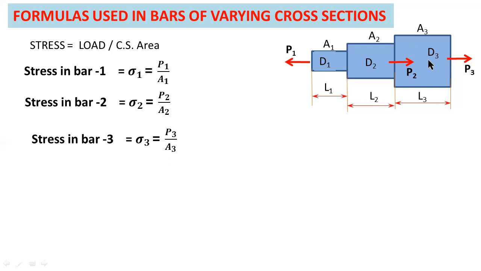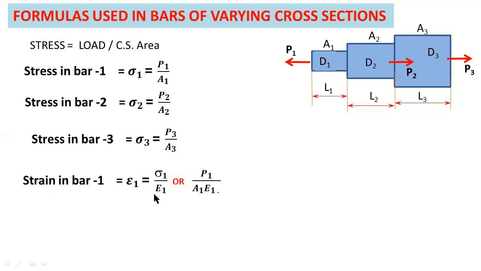Now L1, L2, L3 are the original lengths. Already we know the formula for strain, and the formula for Young's modulus. From the Young's modulus formula, Young's modulus equal to stress by strain. From that formula I consider strain equal to stress by Young's modulus.